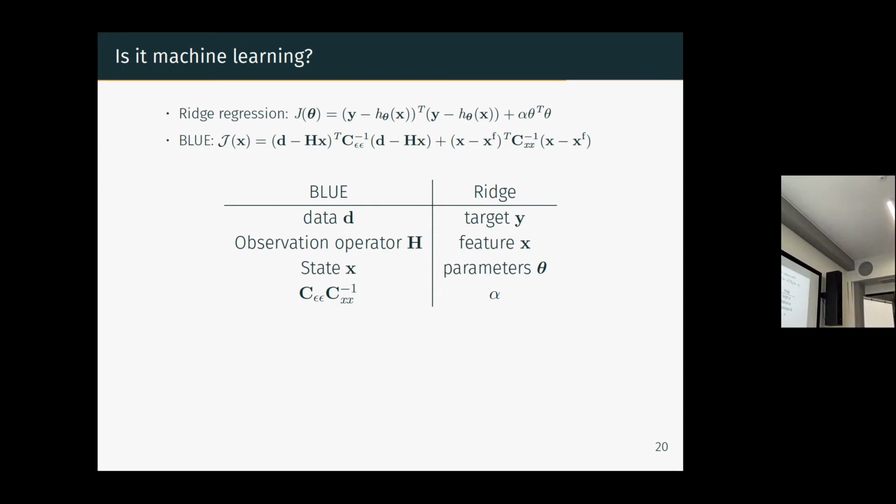What you want to estimate in the case of machine learning is the parameters. Okay, so these are two different things. And the link between c epsilon and cx, the relative importance of the error of the observation and the error of the forecast, is what's called alpha in ridge regression, which gives you the relative importance of the regularization term.